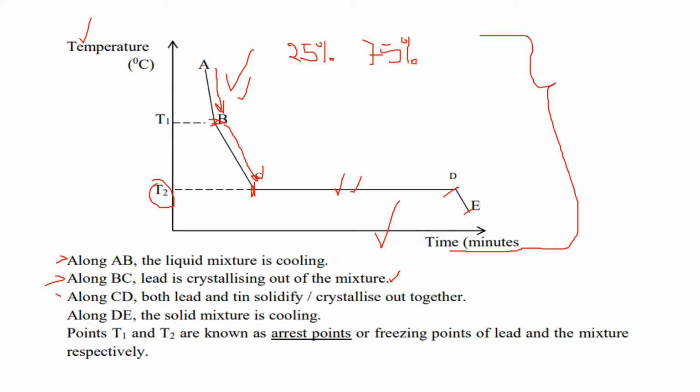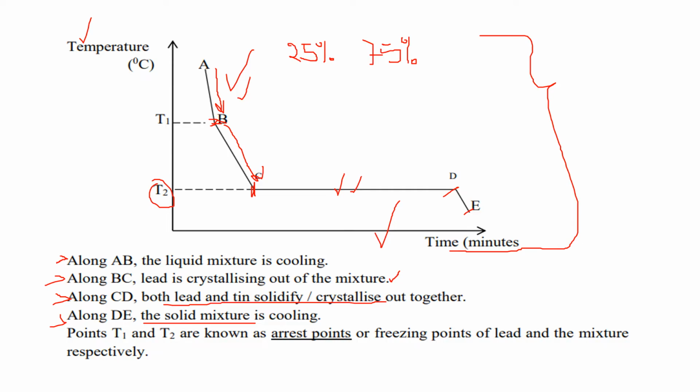And then along CD, both lead and tin are solidifying or crystallizing out. What's the impact of that? It means that the whole liquid mixture is now a solid. There is no liquid anywhere in our mixture. Along DE, our solid mixture is cooling, because there's nothing to cool further than a solid.